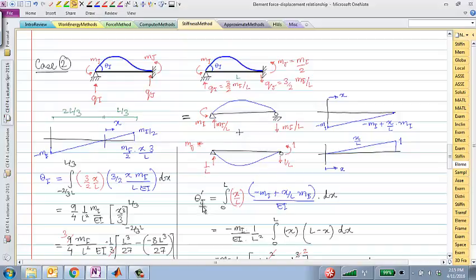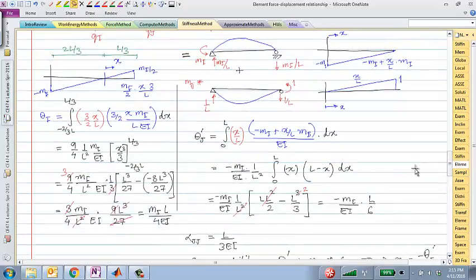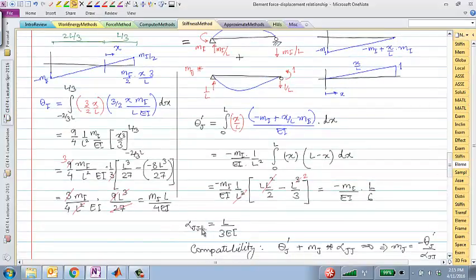That's what we call theta j prime. Using the virtual work method by applying a unit moment at this point, we found that theta j prime was negative Mi L over 6 EI. And for alpha jj, we read off the value from the front cover of the table, but you can essentially use the same method.